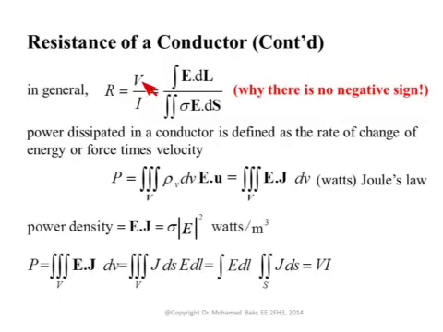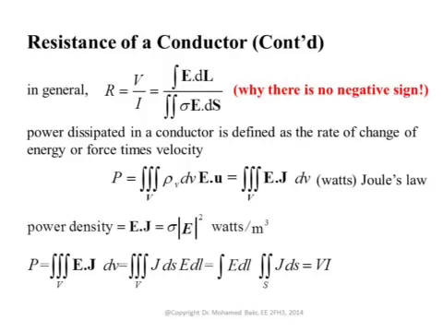To get the voltage difference between the two conductors, you have to do a line integral of the electric field between the first conductor and the second conductor. We agreed that the potential is the work done by the electric field in moving a unit charge from one point to another. And to get the current, you have to integrate the current density over the appropriate surface. The current density vector is sigma E.